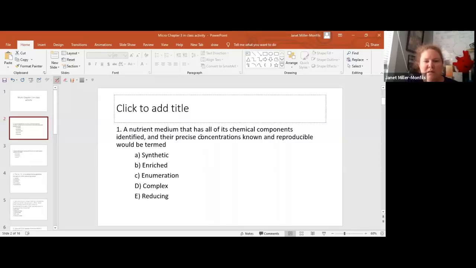A nutrient media that has all of its chemical components identified and the precise concentrations known and reproducible would be named what?